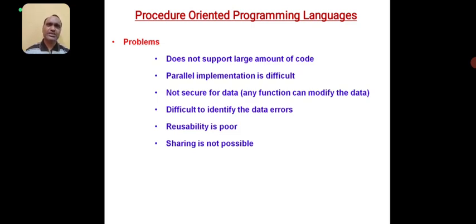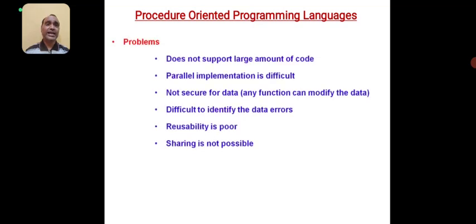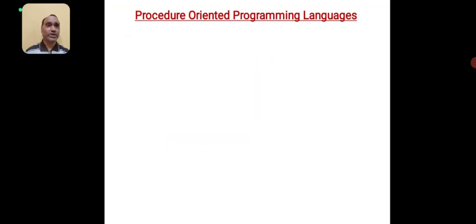Similarly, internet-based applications, web-based applications or networking-based applications are very difficult to develop in procedure-oriented programming languages. They do not support real-time environment applications. Real-time environment applications are not supported by the procedure-oriented programming languages.